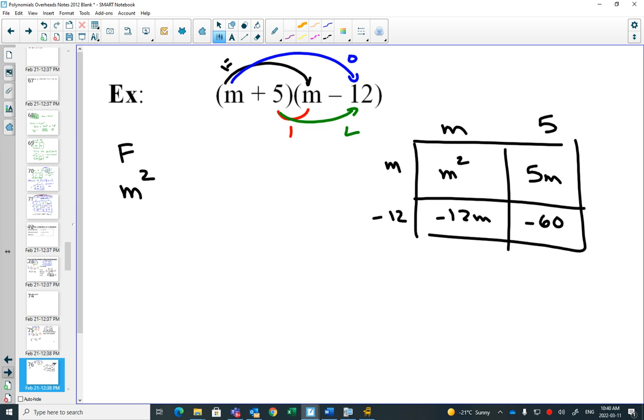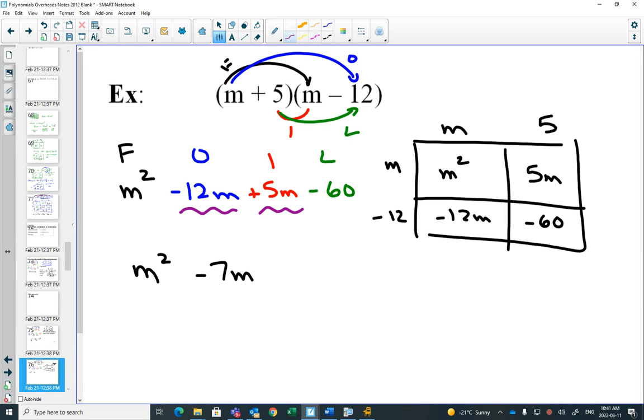M squared, first ones, minus 12m, outside ones, plus 5m, inside ones, and minus 16, last ones. Once again, only the middle ones are like terms. And we get as an answer m squared minus 7m minus 60.